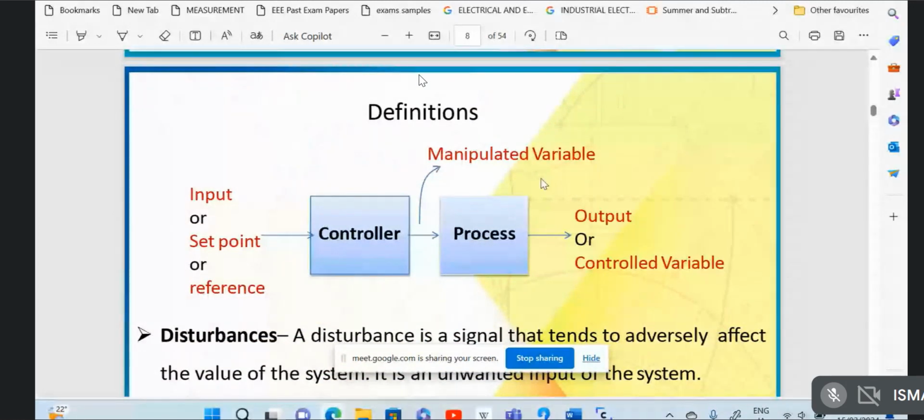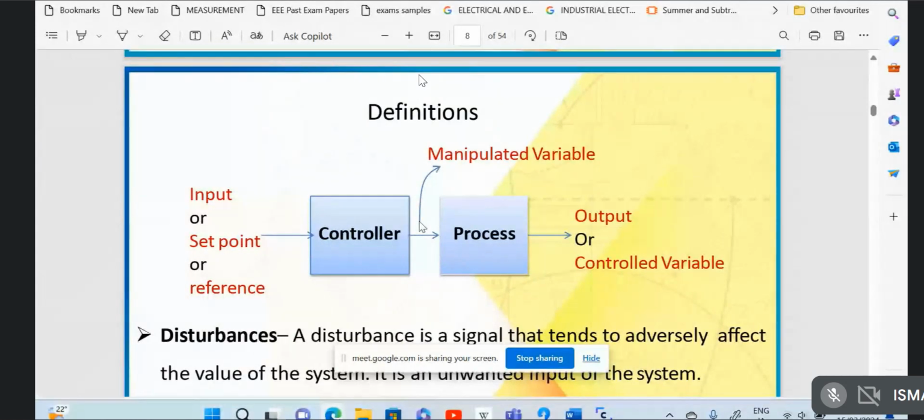So you'll see that the input is sometimes called the set point or reference. The controller is a major thing that is being designed, and the output from the controller is manipulated so that it can work with the process.